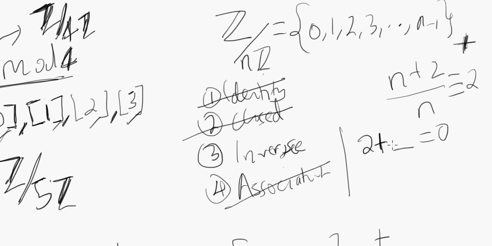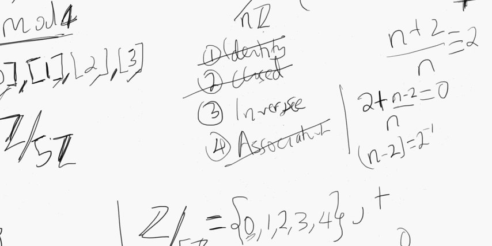Well, I'm going to add, for example, in this case, n minus 2, right? 2 plus n minus 2 gives me n, but n divided by n is 0, right? And so n minus 2 is really equal to 2 inverse, right? It's weird, but I hope it's making more sense, right?